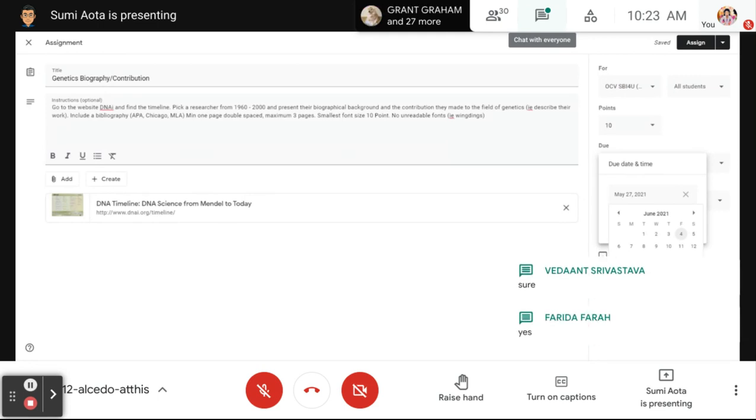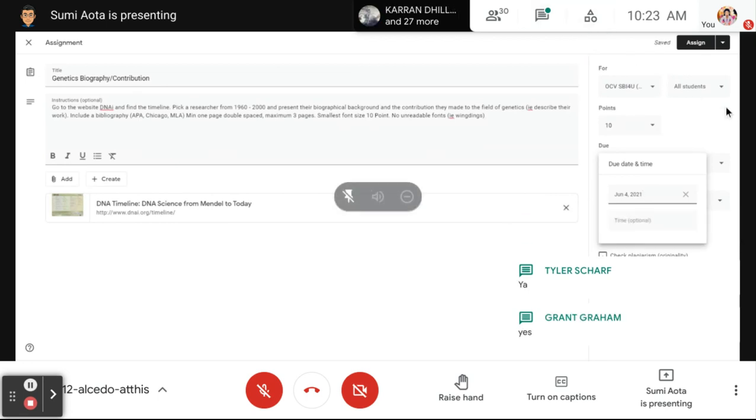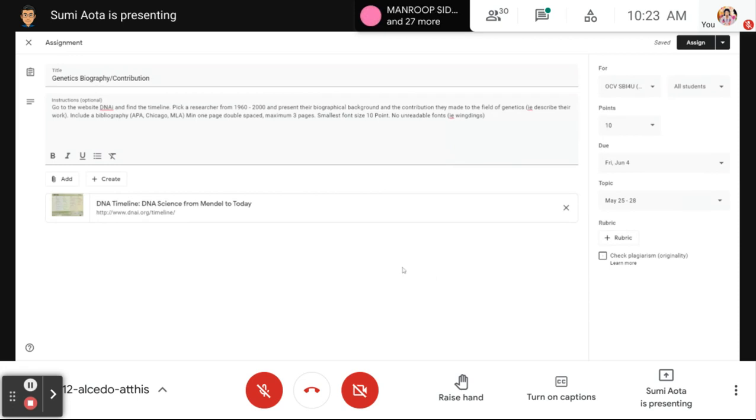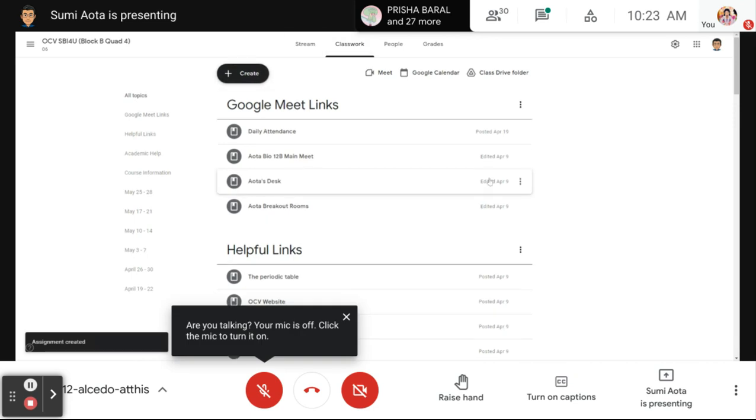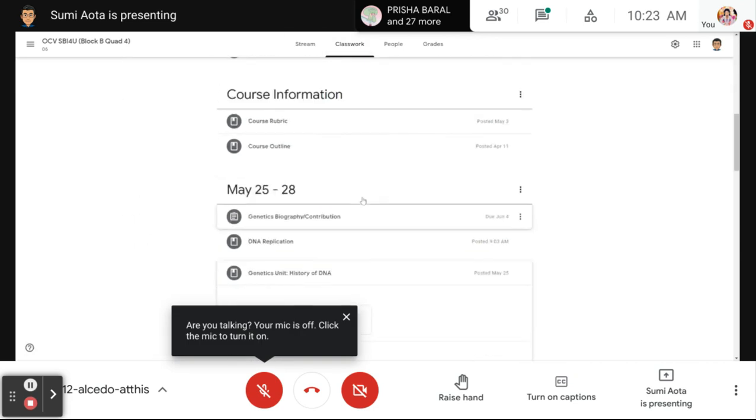Sure. Okay, so call it the 4th. If you want to shift that later, like next week after thinking about it, or later in the week, let me know. We can always change it. I think that's it. Assign. Okay, so that's there.